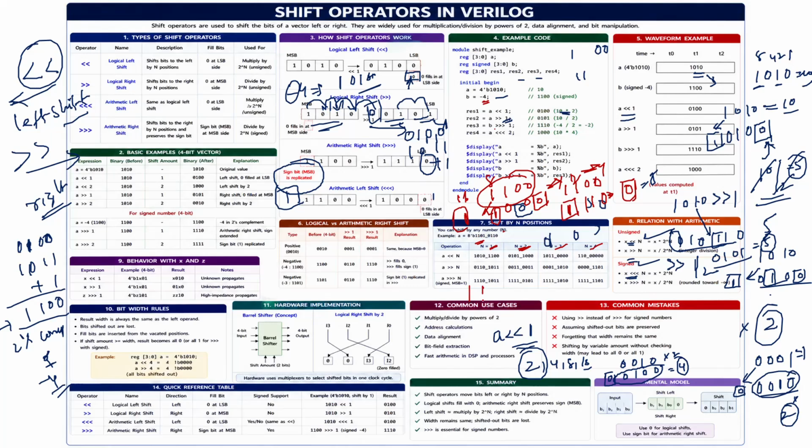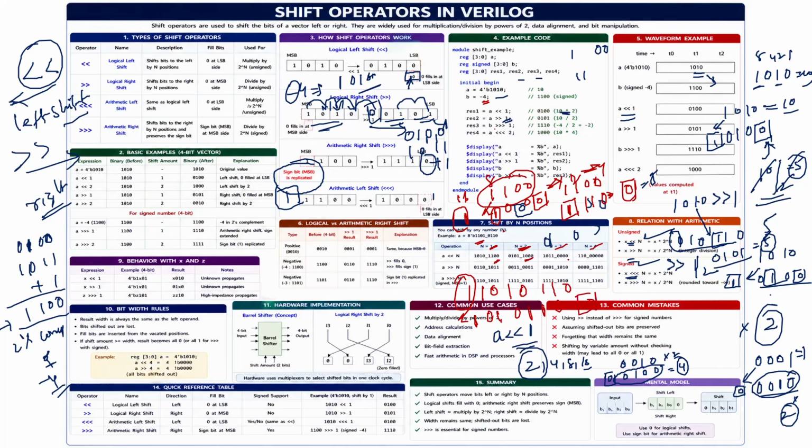Then 1010 with one left shift operation: this one will vanish, and this is 1 0 1 0. So this one is moving this side, one is moving this side, and this vacant position is replaced with 0. So this is the output you are getting.